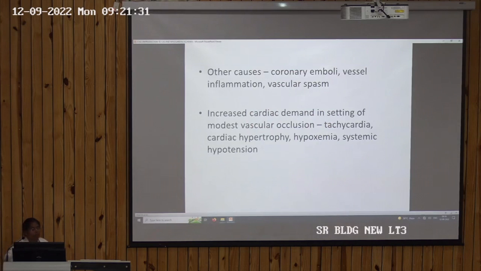Now, other causes may be due to coronary emboli, vessel inflammation or spasm. And the cardiac demand, it may be due to the tachycardia, there may be cardiac hypertrophy, hypoxemia and systemic hypotension.